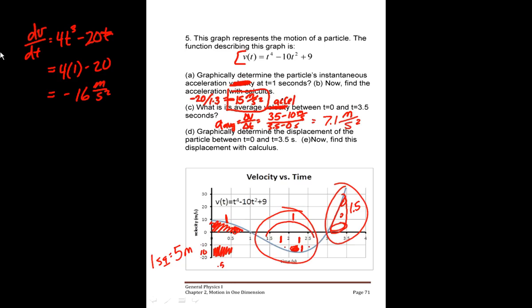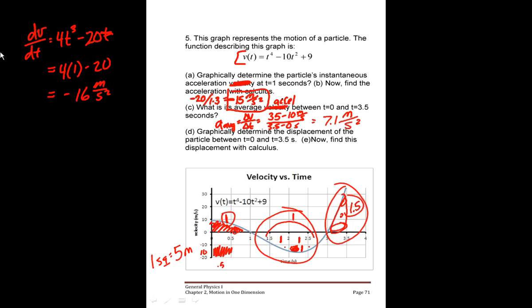So I have 1 square on top, 1.5, 2.5 squares on top, and 4 squares on the bottom. Now, if the squares are above, in the positive velocity, that means it's a positive displacement. If it's below the x-axis, that means it's a negative displacement.